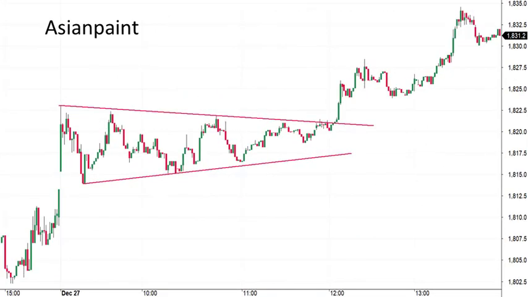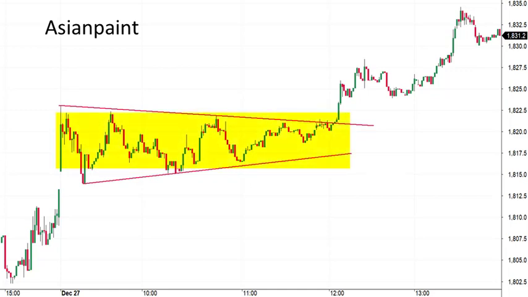In our next example, we're going to see an exception to this rule. Because in here, if you see, the breakout occurs only after 12 o'clock. Now, in this case, we can take it as a valid breakout because of one simple logic. If you look at this chart, the price is consolidating right from the very opening of the market.